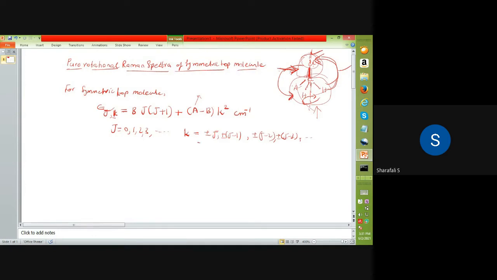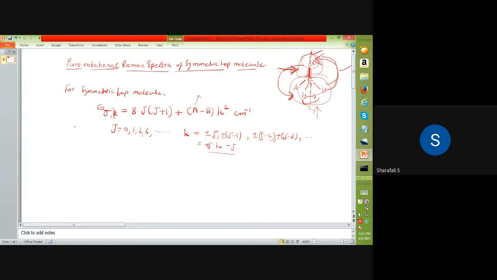Basically this is nothing but plus J to minus J, whatever components are coming, including 0. So these are the values associated with the quantum number K. This also we already discussed in the case of the rotational spectrum for microwave spectroscopy. These are the quantum numbers corresponding to this symmetric top molecule.